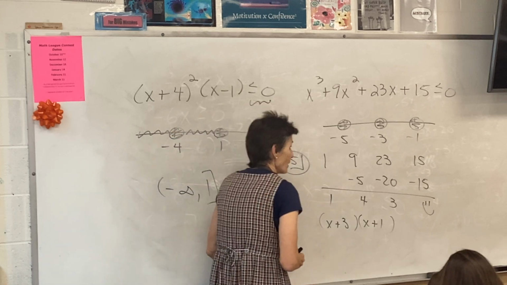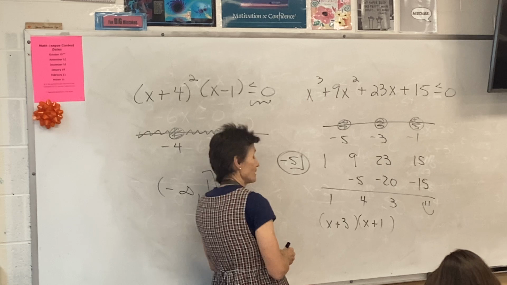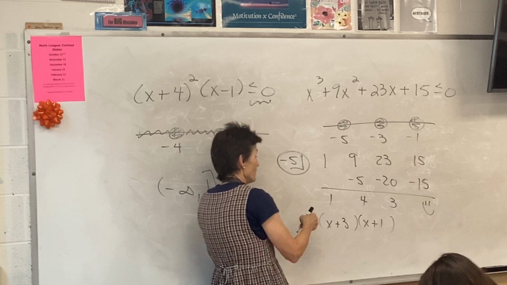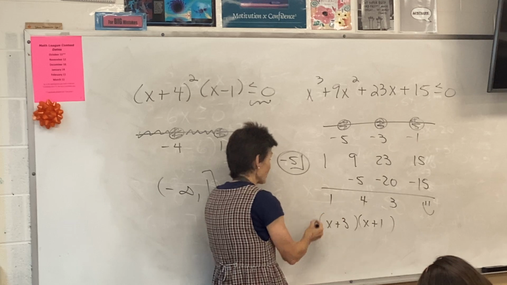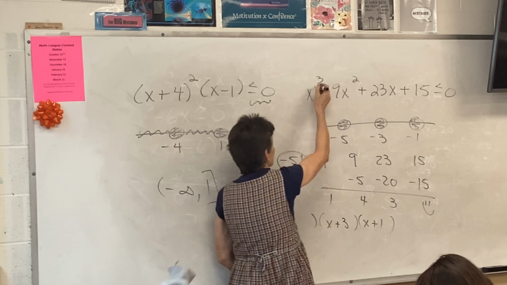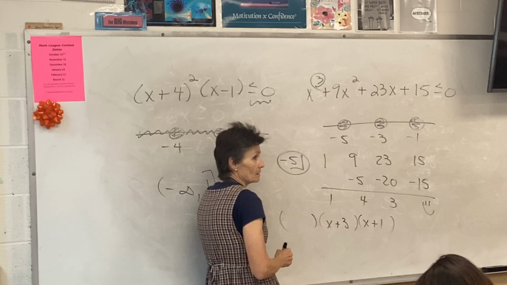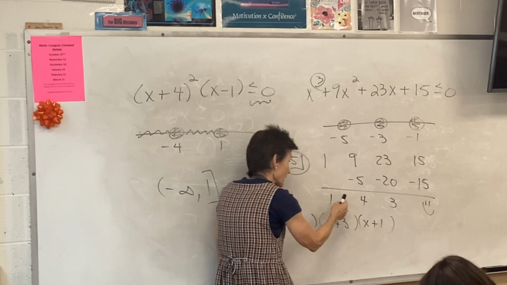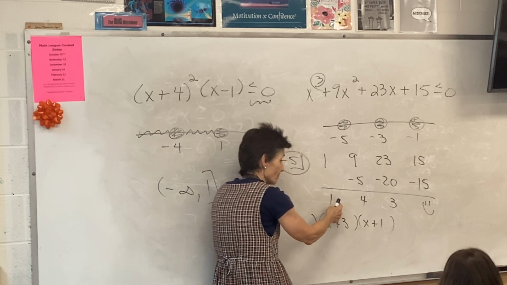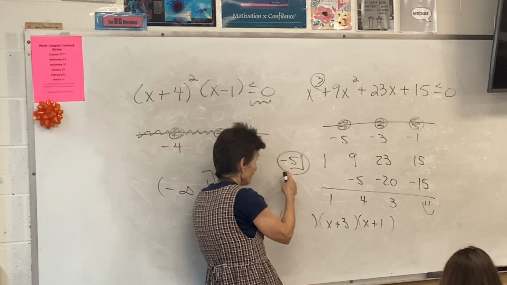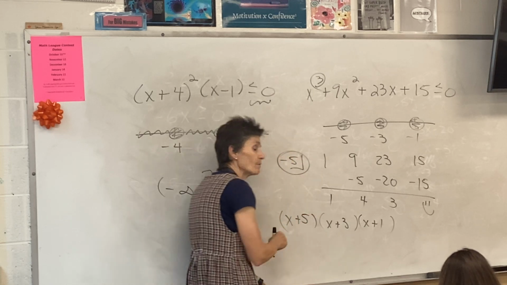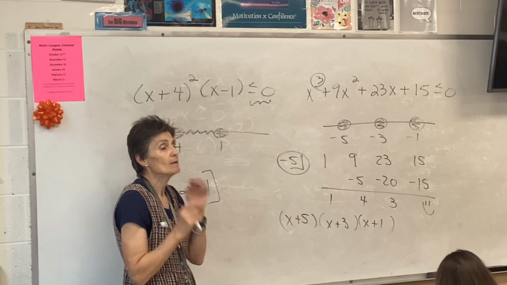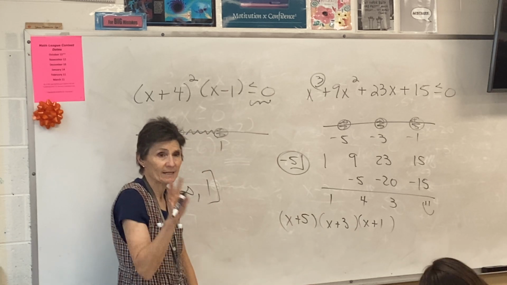Now here is where we can get into trouble if we're not thinking clearly. When I go to plug stuff in, I have to have 3 factors because it's an x cubed. So I got the 2 that came from here. What's the other one gonna be? X plus 5. Don't forget him. Don't forget the factor that came from the number that you divided out.